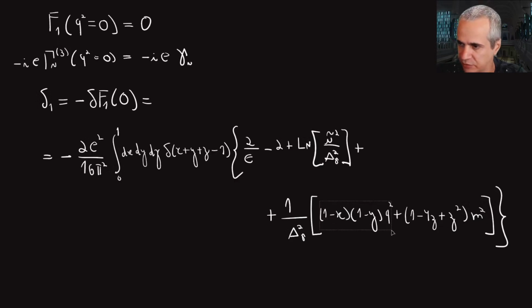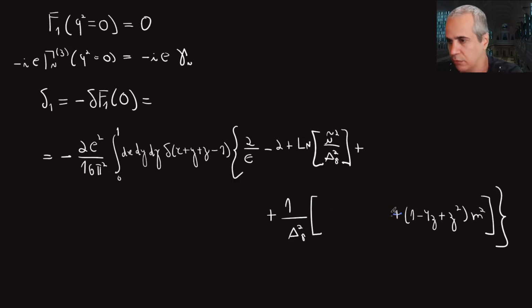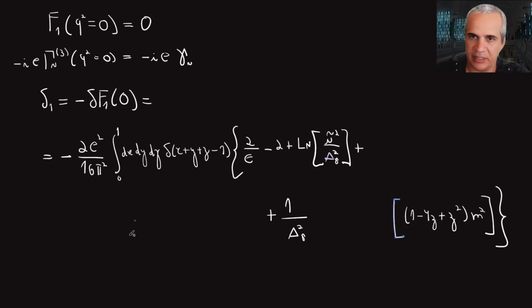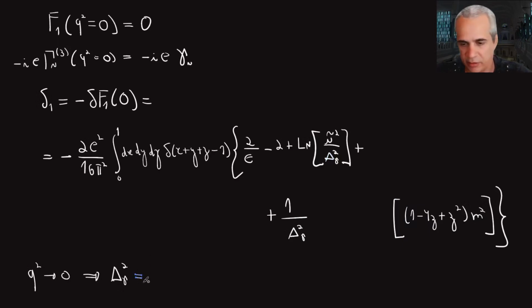So the first term that goes away is this, because there's a q square here, right? Also, delta is q square dependent, right? If I take q square to 0, delta gamma square loses the q square part, right? We can indicate it like that, right?